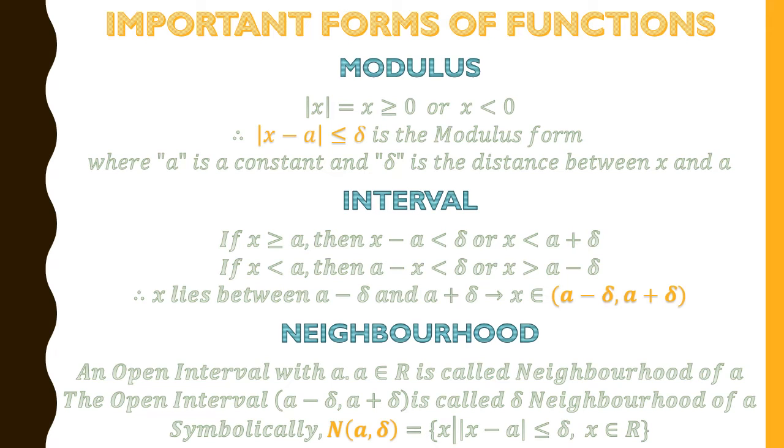In all these three forms, I have highlighted a certain portion, and that portion is the actual form. The modulus form will be modulus x minus a less than delta. The interval form will be a minus delta, a plus delta. The neighborhood will be N(a, delta).